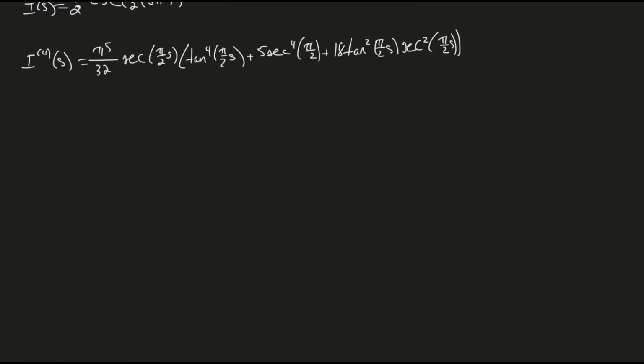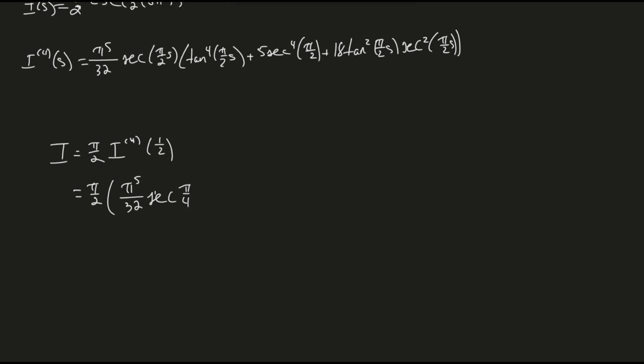So let's get evaluating. We want our original integral I, and we know it's pi/2 times the fourth derivative of I at 1/2. Now this is pi/2 times pi to the 5th over 32 times the secant of pi/4.